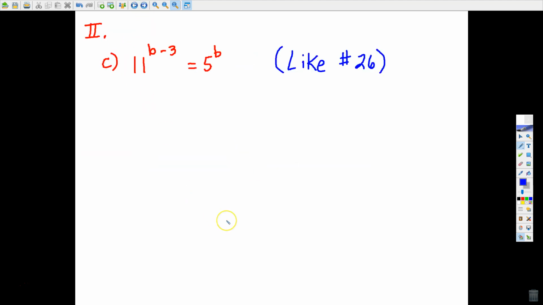All right. Now this one's a little different. What do you notice right away that's different? Yeah, we have the variable b on both sides of the equation. So this one's a little more involved, but we start off the same way. Log on both sides.